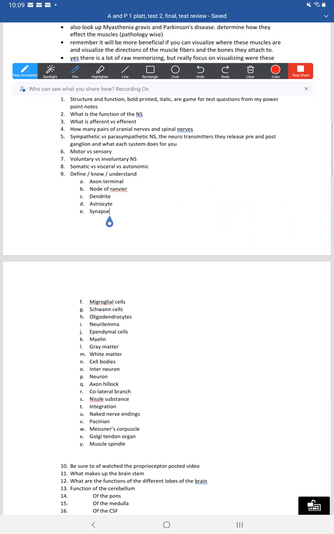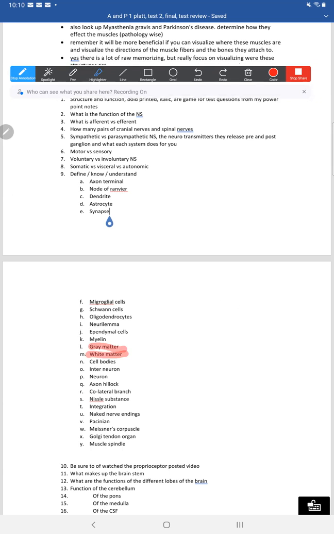I'm gonna just randomly pick some ones here. So gray matter versus white matter. Okay, that was on our cross section of the cord. The butterfly shaped or H-shaped structure in the middle was the gray matter.